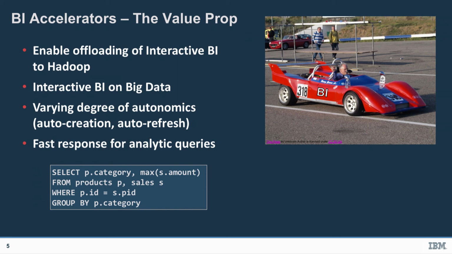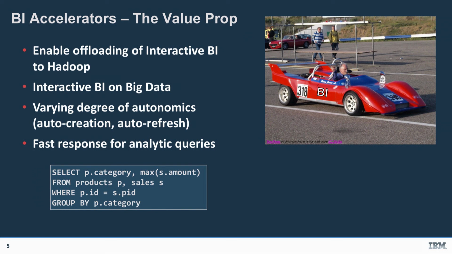Briefly, what's the value proposition for BI accelerators? First, as I said before, they let you get interactive BI performance on data that is on Hadoop. It also applies to big data that is sitting on Hadoop. So you can now do BI maybe on sensor data, on marketing data that would not be naturally stored on the warehouse.